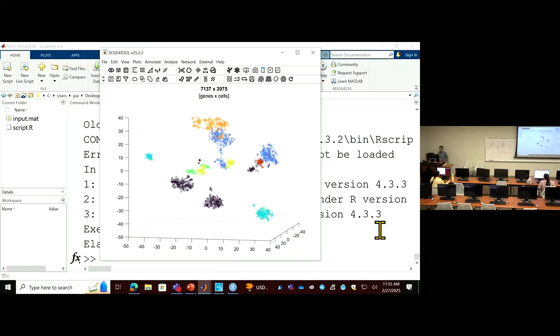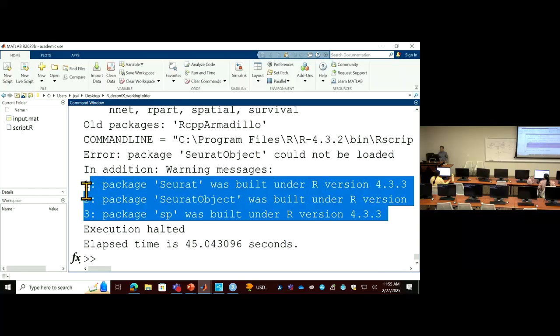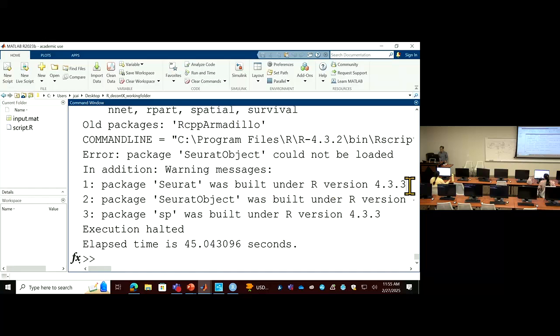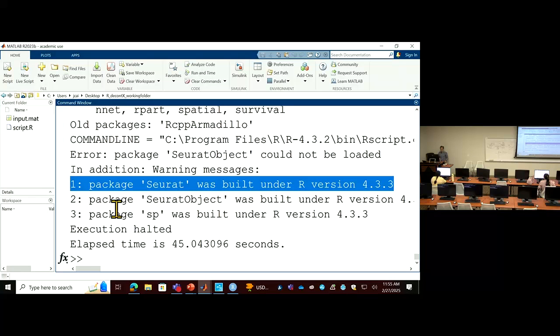If you cannot solve the problem today, it's fine. Even in R, I have some problem, because this indicates the R version we installed is different from the Surat package's requirement. So we just cannot run this because R is not correctly configured.